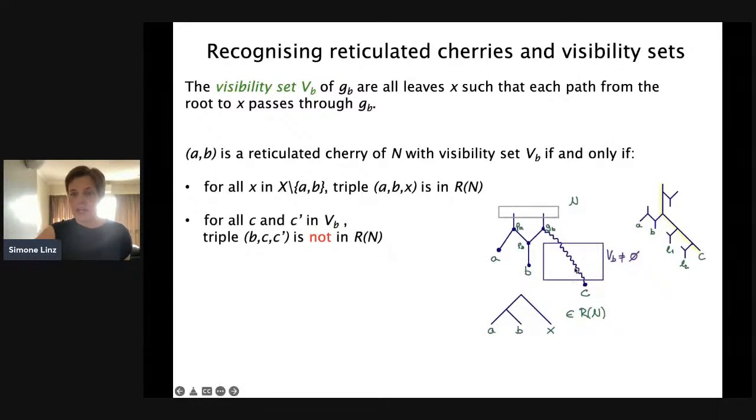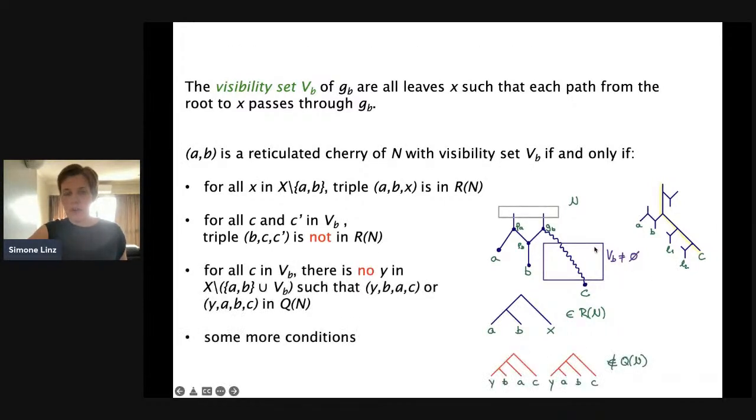C and C prime are both contained in the purple box. And because they're both in the visibility set, they meet first before they meet B. So we always put them together somewhere along this path, and then later on we pick up B. So we can't have a triple BC|C prime in R of N.